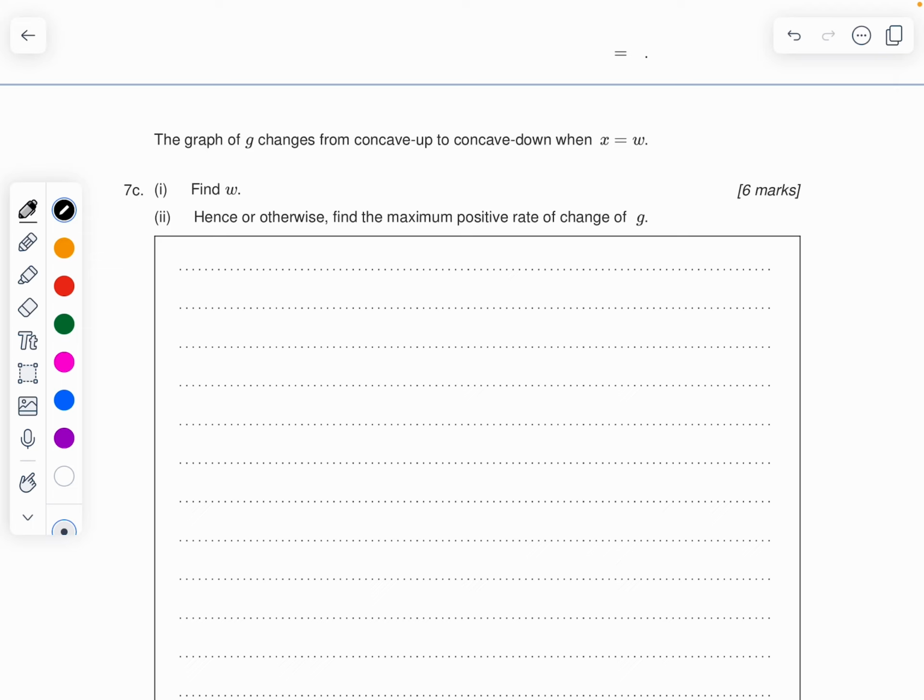The graph of g changes from concave up to concave down at x equal to w. What is the value of w? Concave up to concave down means it is a point of inflection, which means the second derivative should be equal to 0.